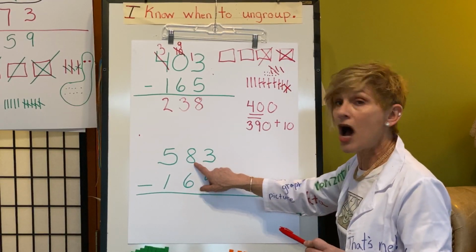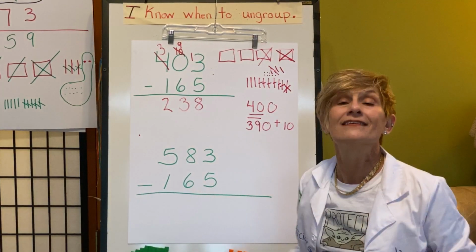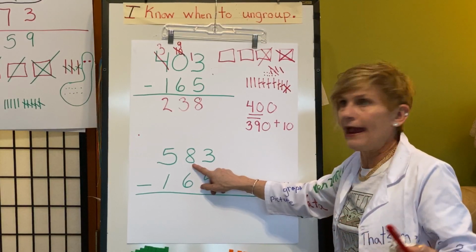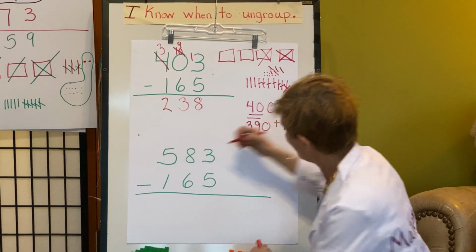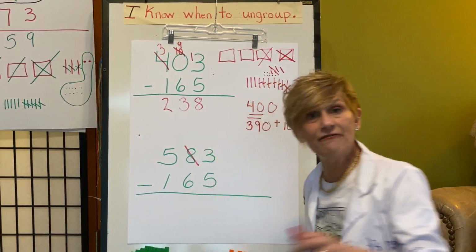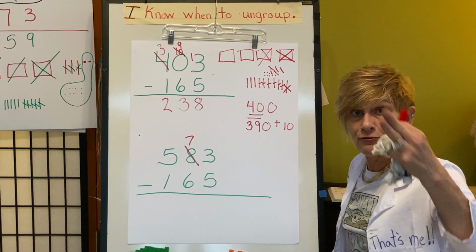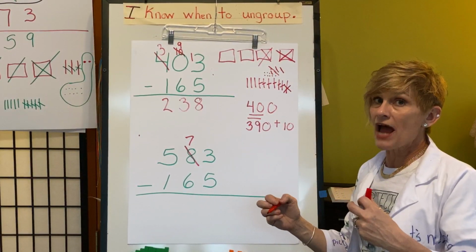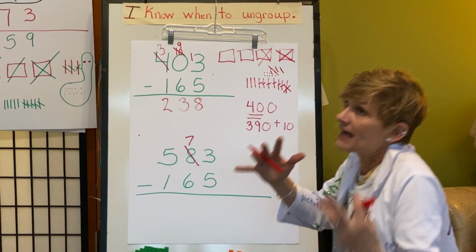I need to ungroup next door. Gonna go get a 10. There's 8. All I need is 1. I'm just gonna take 1. So if I take 1 ten from 8 tens, I've got 7 tens. I'm gonna bring that ungrouped 10 to that 3. What is 10 3?